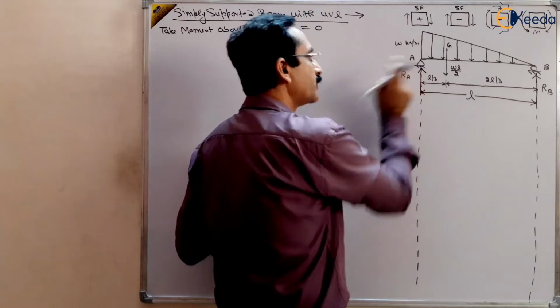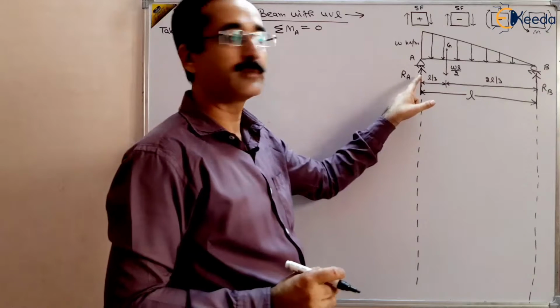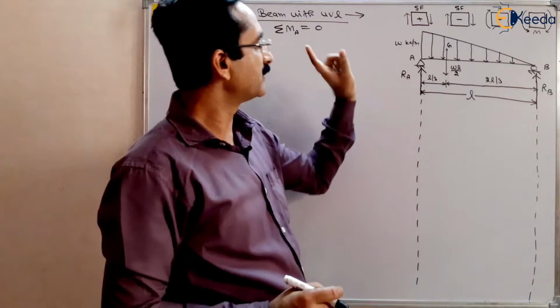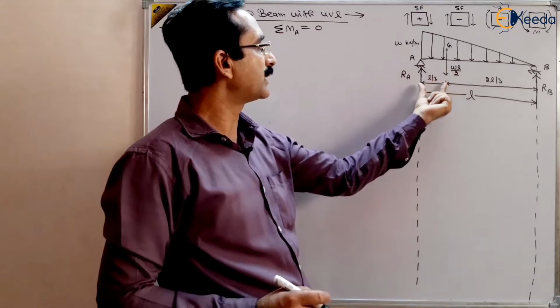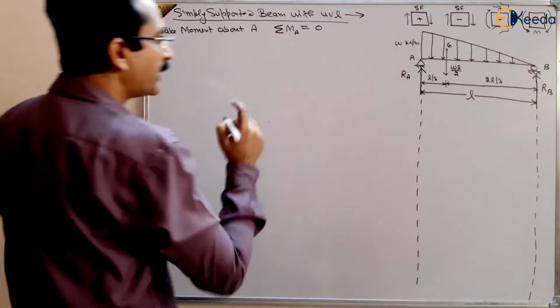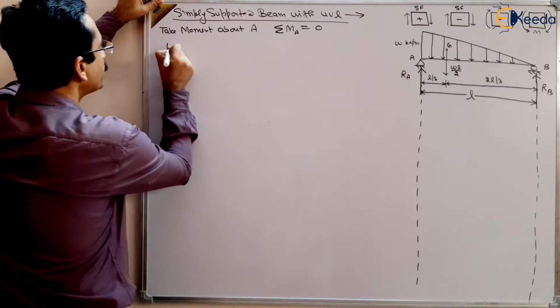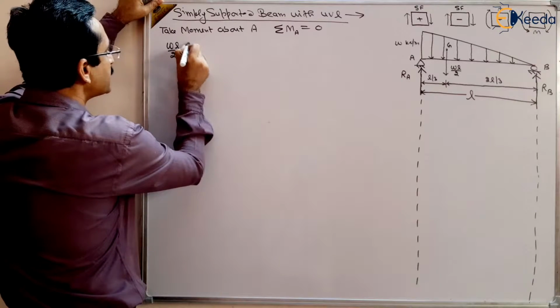RA is passing through A, so it has no moment because the perpendicular distance is 0, so it will be omitted. WL by 2 will have a moment: WL by 2 multiplied by the perpendicular distance, that is L by 3.